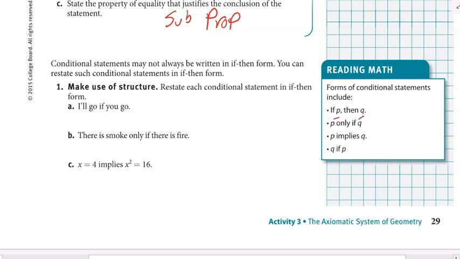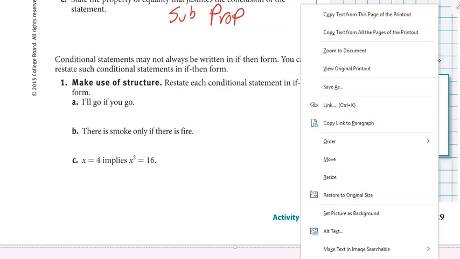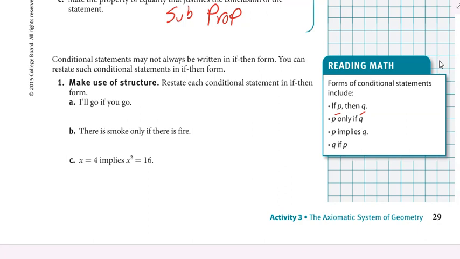So from this point forward, I may represent the hypothesis with the letter P and the conclusion with the letter Q. So for a hypothesis, we could use P, and for the conclusion, I could use Q.